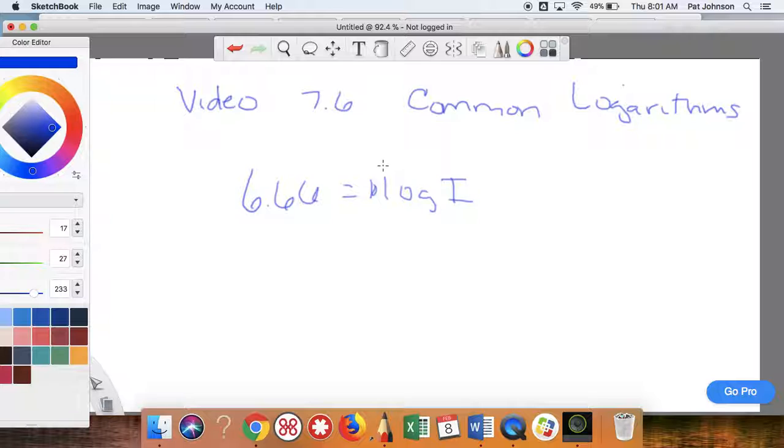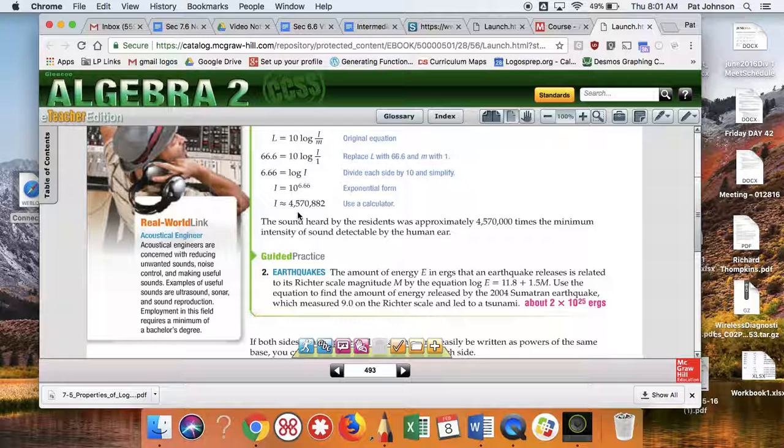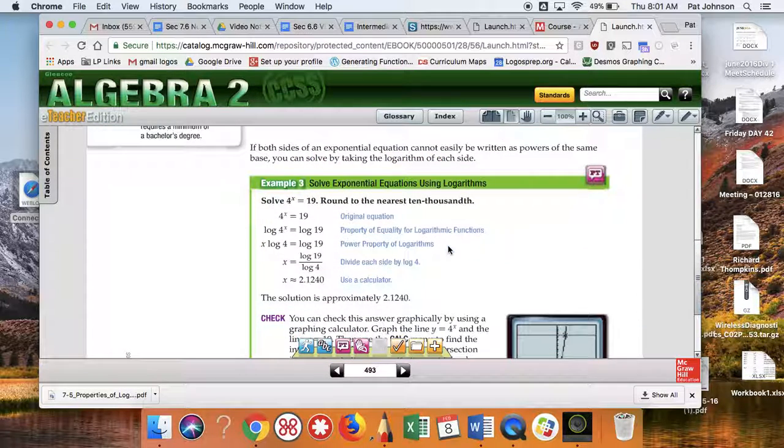So this 10 is going away, and we can rewrite this to say log of I, my argument, equals 6.66. That's an implied common log, so we raise: I equals 10 to the 6.66, which we can put in our calculator and get some value, which they approximate to about 4,500,000 times the minimum amount. So that's the answer. All we're doing here is just plugging it in. We don't need to get into the physics of it.